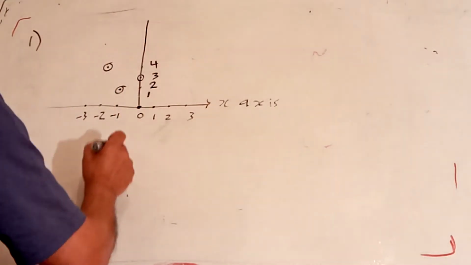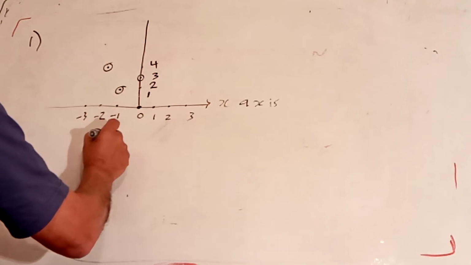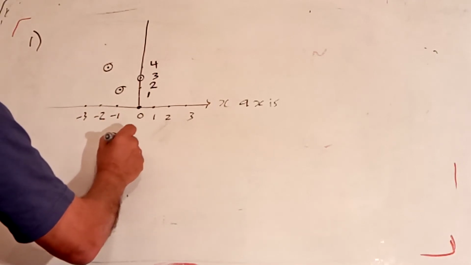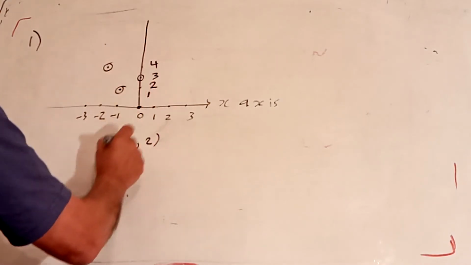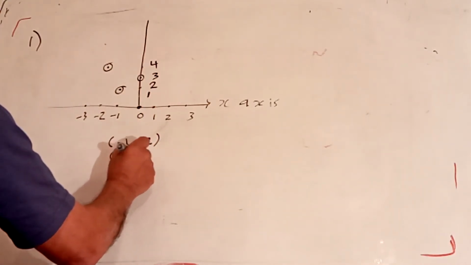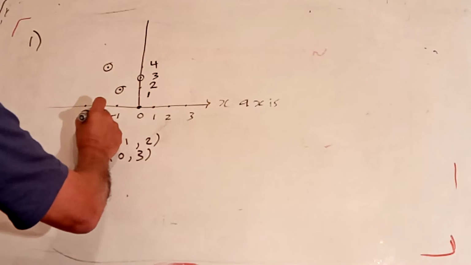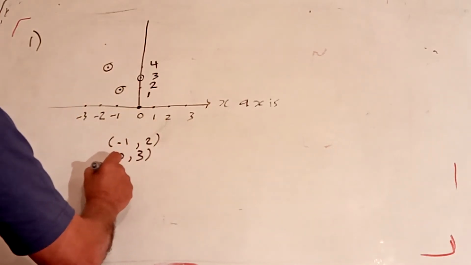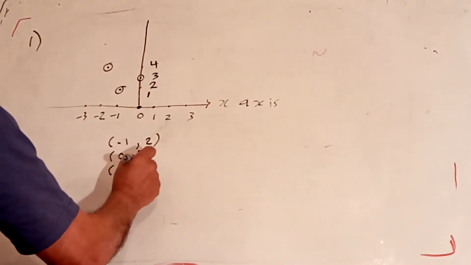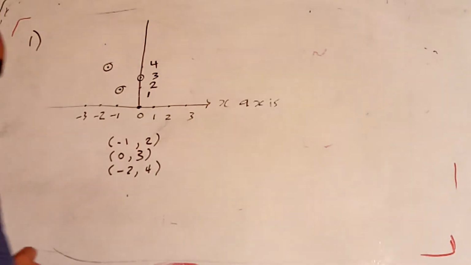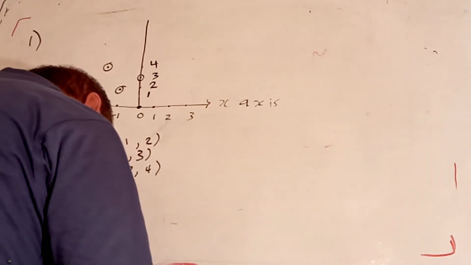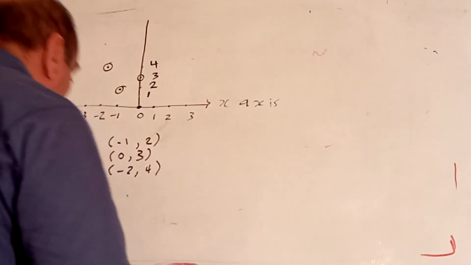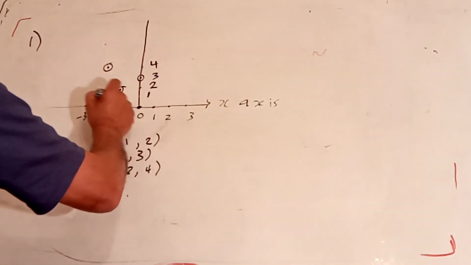So let me just write the points. The first point is -1 and 2. The second point is 0 and 3. The third point is -2 and 4. Okay, the fourth point is -3 and 4.